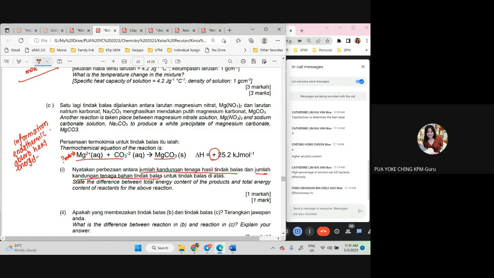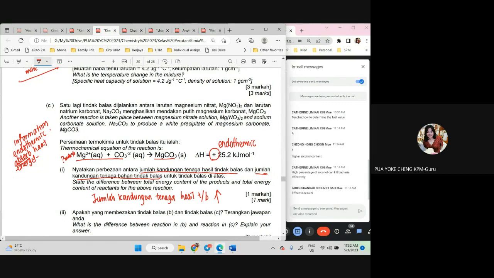The next one is this. Jumlah kandungan tenaga hasil tindak balas dan jumlah kandungan tenaga bahan tindak balas. If this is endothermic, means serap, absorb heat energy. So, jumlah kandungan tenaga hasil tindak balas lebih tinggi daripada jumlah kandungan tenaga bahan tindak balas.